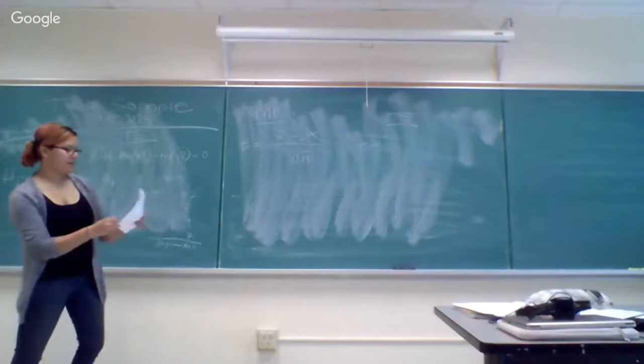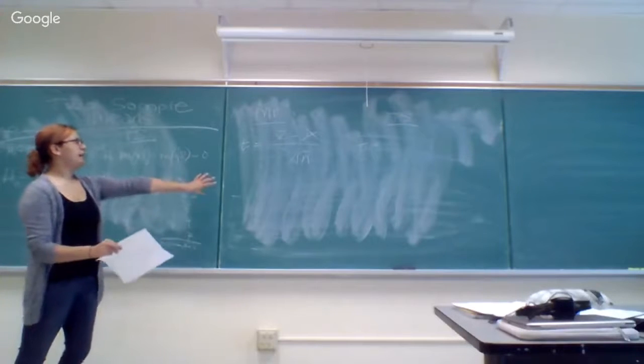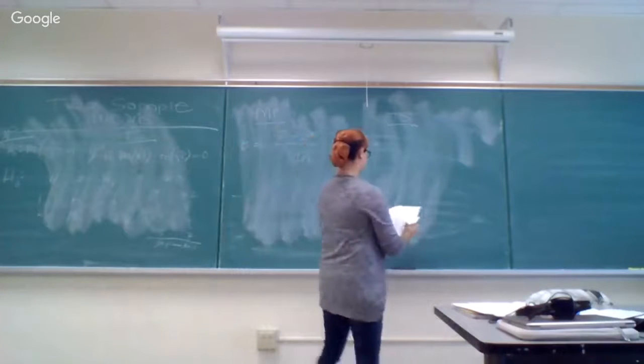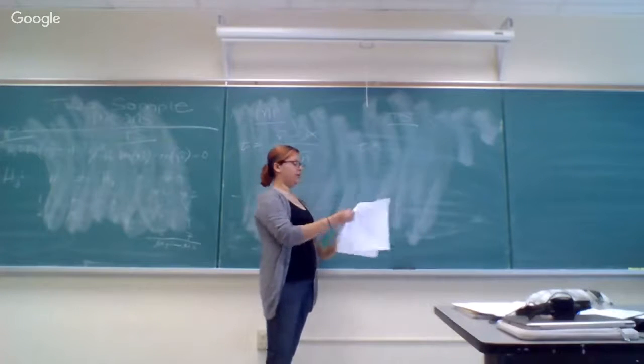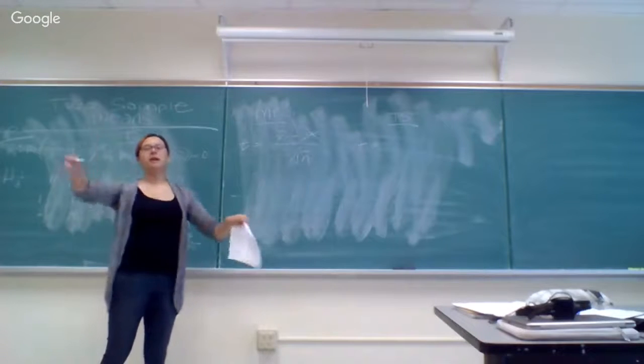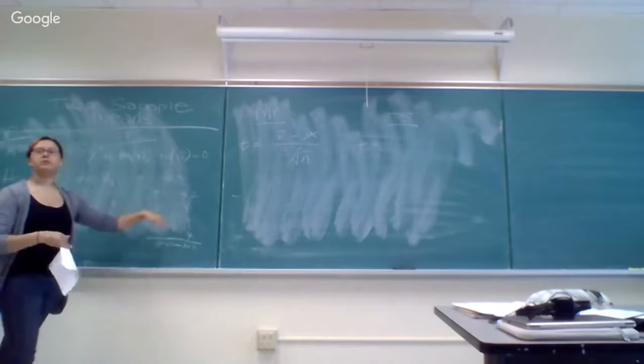Okay. So that's for the matched pair. If we have a 2 sample example, it's going to look pretty similar to this, except we're just adding in our second group of individuals.